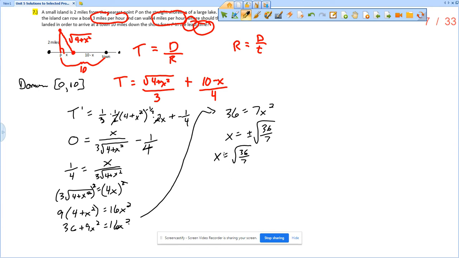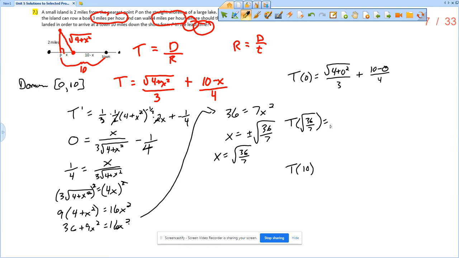Now I want to use the critical number test. I want to evaluate the time at x being 0, the time at x being the square root of 36 sevenths, and the time at x being 10. That will tell us where the minimum time would be. So I'm going to evaluate t of 0: the square root of 4 plus 0 squared over 3 plus 10 minus 0 over 4.